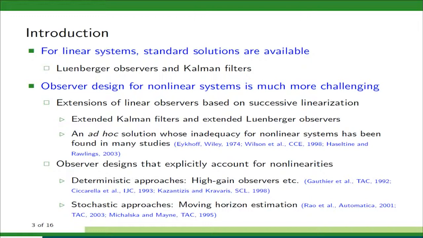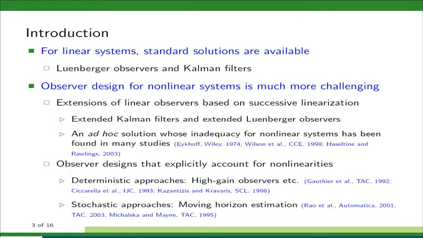However, this approach is an ad hoc solution to nonlinear systems. A more favorable approach is to design observers or estimators, explicitly taking into account nonlinearities of the system. For observers or estimators that explicitly account for nonlinearities, we can broadly classify the results into two categories.